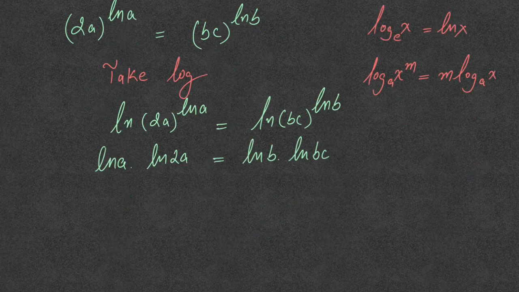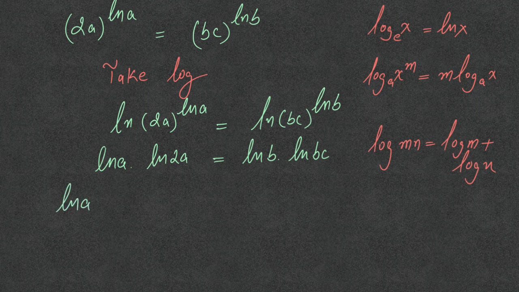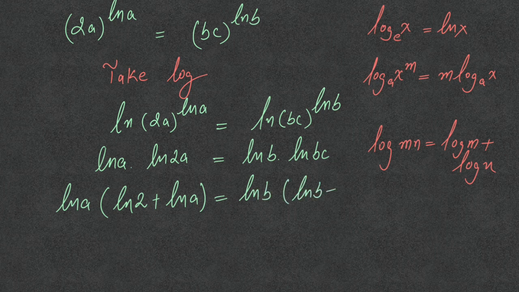Another property of log is log of m into n is equal to log m plus log n. Using this, log a as it is. Now log 2a I can write as log 2 plus log of a, is equal to log b as it is, and log bc becomes log b plus log c.